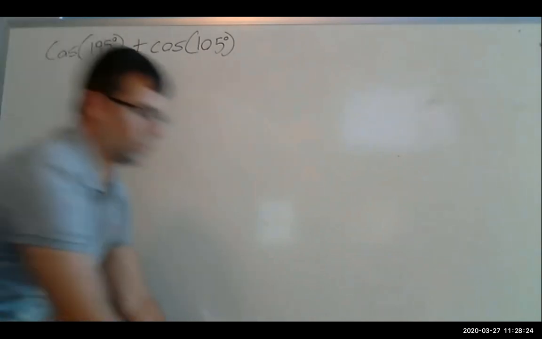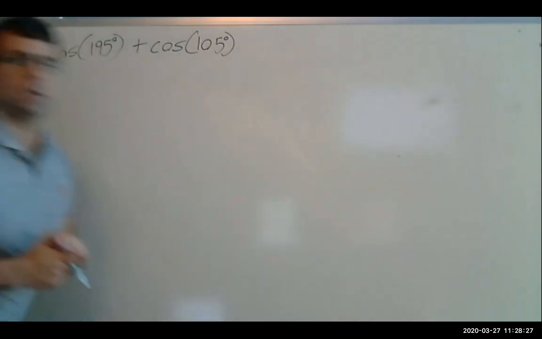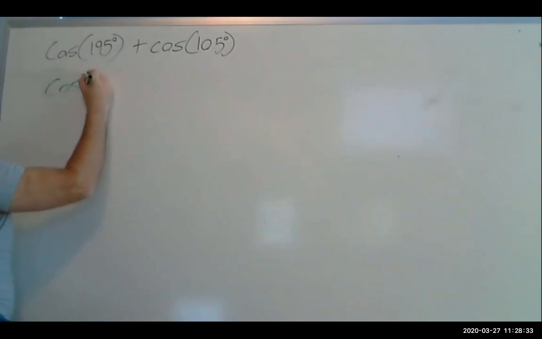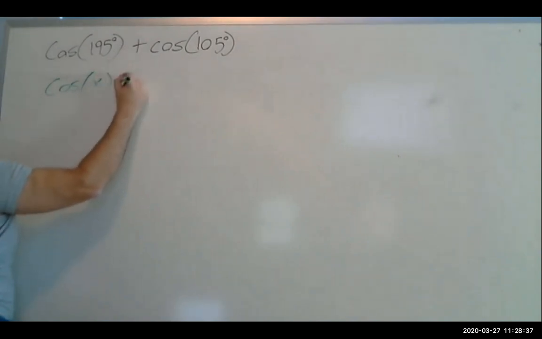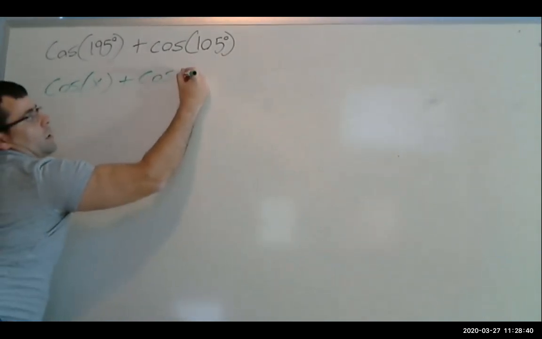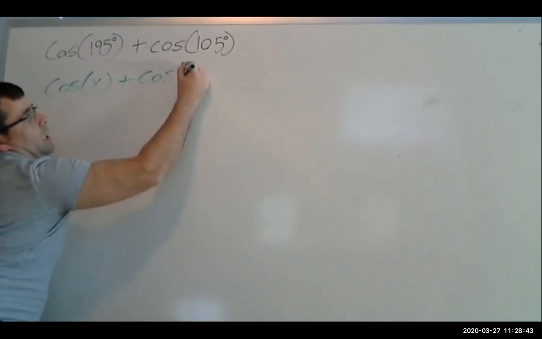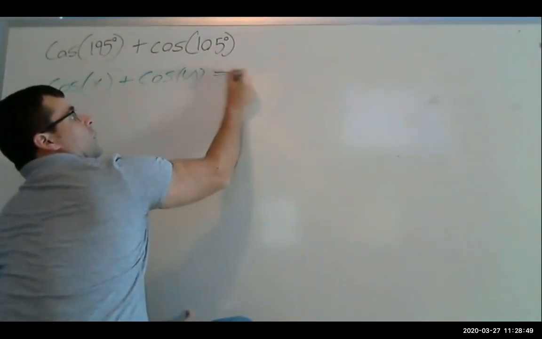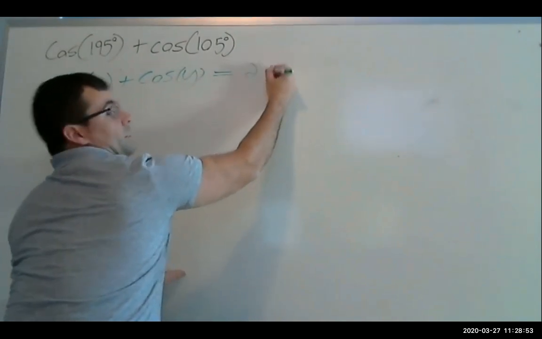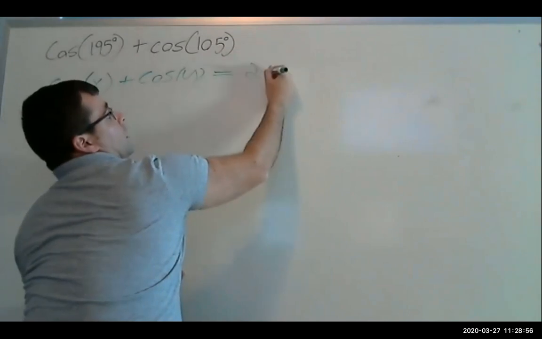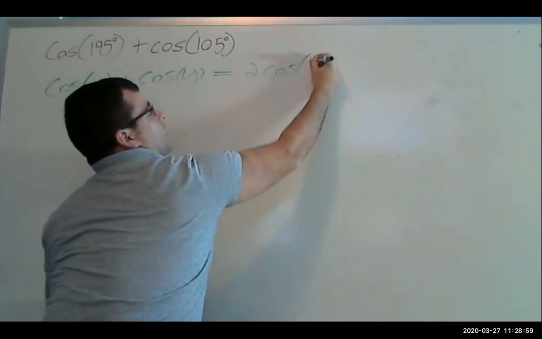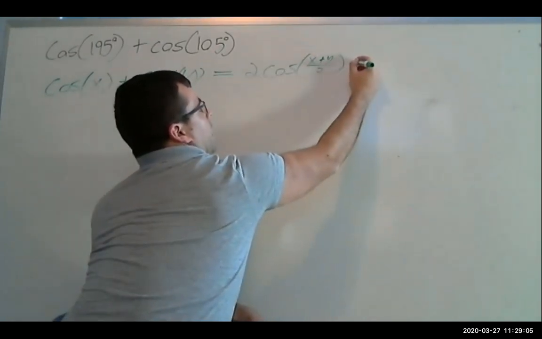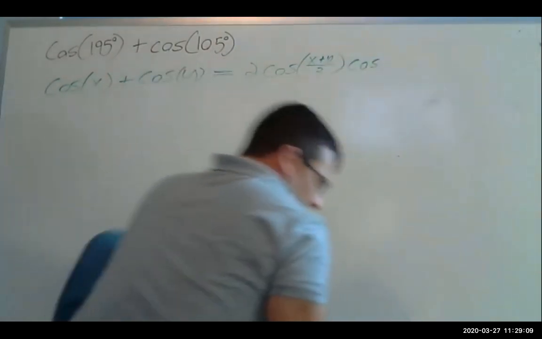We have a formula where cosine of x plus cosine of y equals 2 times cosine of the average and cosine of the deviation.